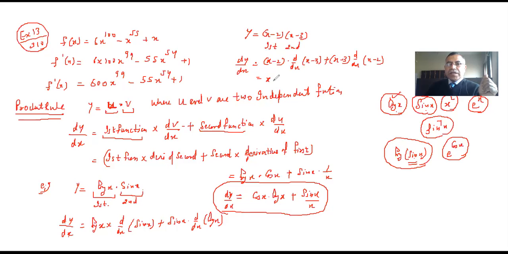So which is (x minus 2) times 1 plus (x minus 3) times 1, which is x minus 2 plus x minus 3, that is 2x minus 5. This is the answer. So this question can be solved like this.